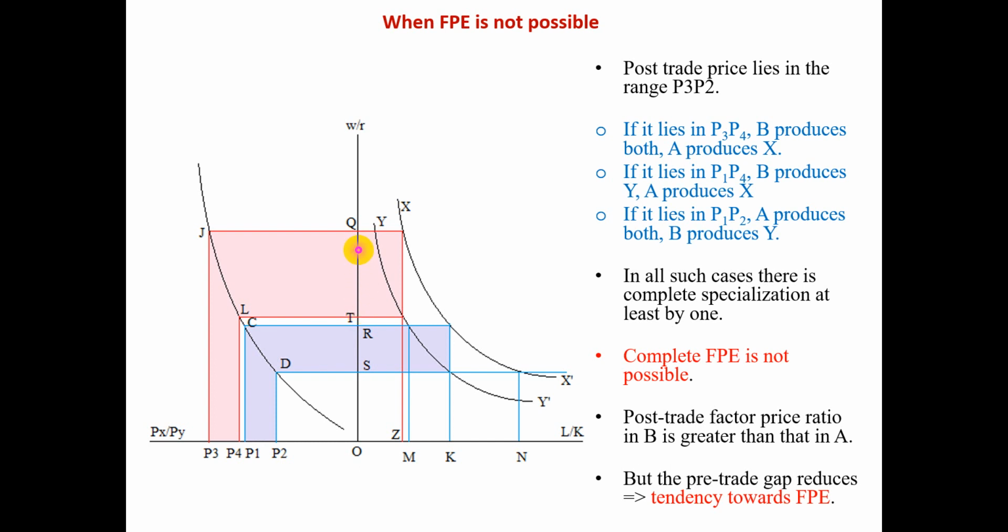For example, if earlier the wage rental ratio was here, now it will fall down to here, and if the wage rental ratio was here, now that will increase to here, so that there is a tendency towards factor price equalization. But of course, as mentioned, there will be no complete factor price equalization.